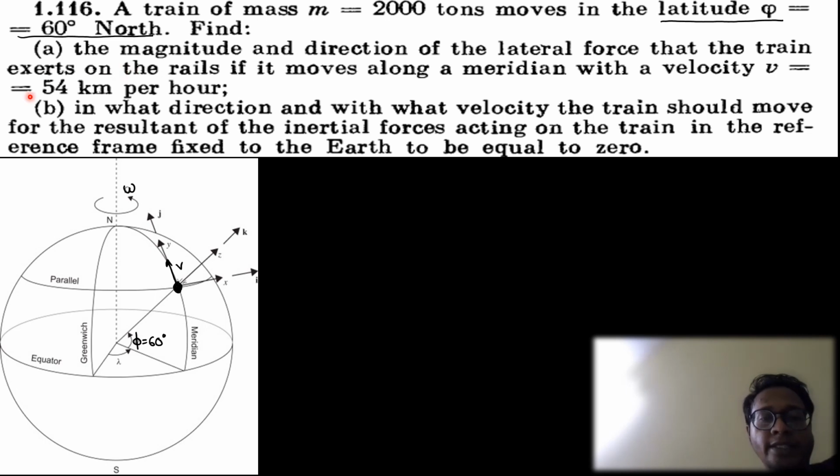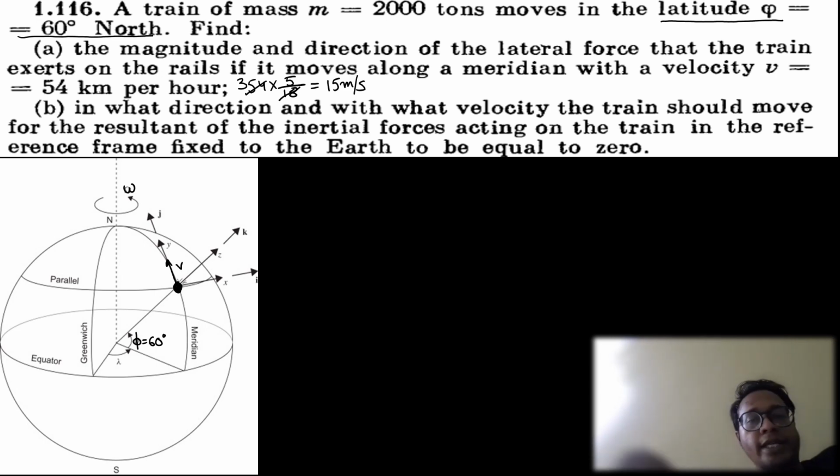The velocity is 54 kilometer per hour. So you have to convert 54 kilometer per hour into meter per second. How do you convert that? You multiply by 5 by 18. 18 3s are 54 and 5 3s are 15, so 15 meter per second. So 54 kilometer per hour is basically 15 meter per second.